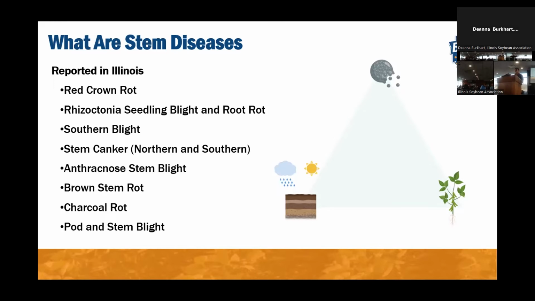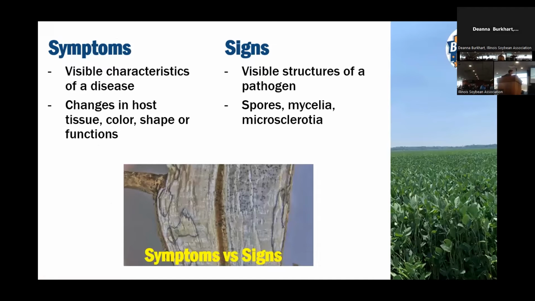Also, some of the diseases can be found in your field according to the symptoms and signs that they show. When you look at your field, you see all green. You can't even tell when you have a stem disease. You can tell easily that you have a leaf disease.